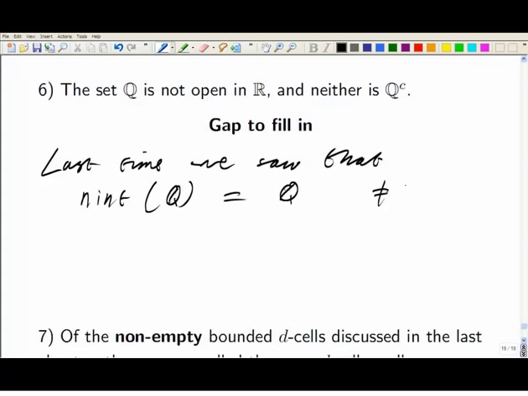Now, last time we already investigated what the interior points and the non-interior points were for the rational numbers and the irrational numbers, and we determined that the interior of each was the empty set.